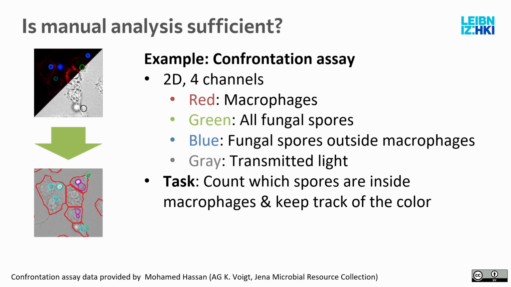And here I have a small example of what could be produced by a confocal microscope. You have an image here, a confrontation assay, in our case two-dimensional only, where you have 4 channels. The red one contains macrophages, green contains fungal spores, blue fungal spores that are outside with a different staining, and then transmitted light.